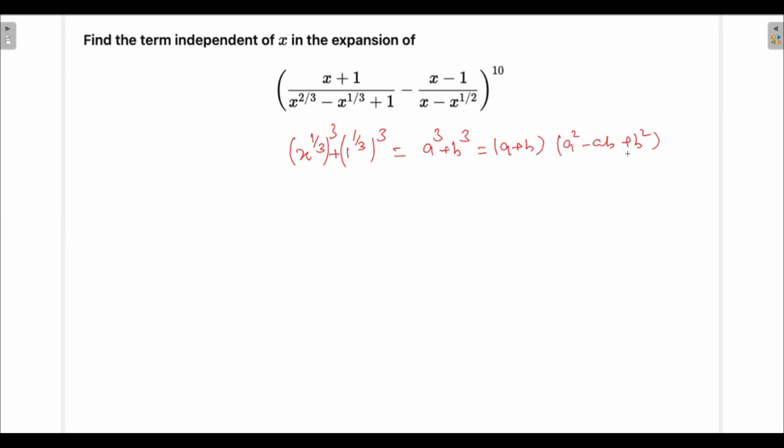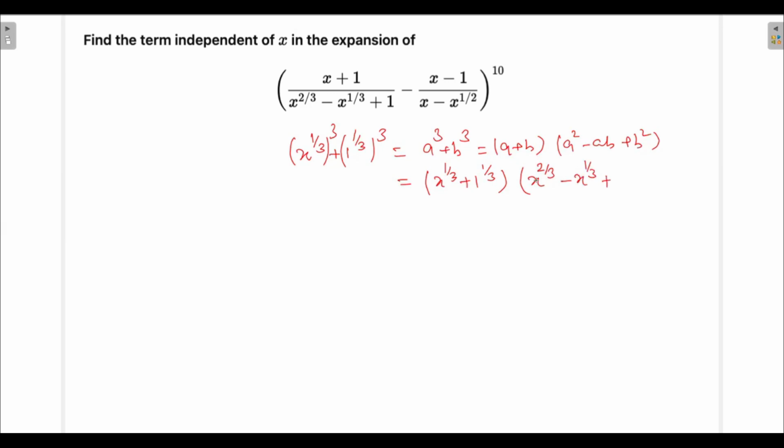So what is this expression? Let's write the whole thing. a is going to be x raised to the power 1 by 3 plus 1 raised to the power 1 by 3, into a square, which will be x raised to the power 2 by 3, because there is 1 by 3 and then 2, this power will get multiplied. So this will become x raised to the power 2 by 3, minus a into b, x raised to the power 1 by 3 into 1 raised to the power 1 by 3. 1 raised to the power 1 by 3 is 1, so this will be x raised to the power 1 by 3.